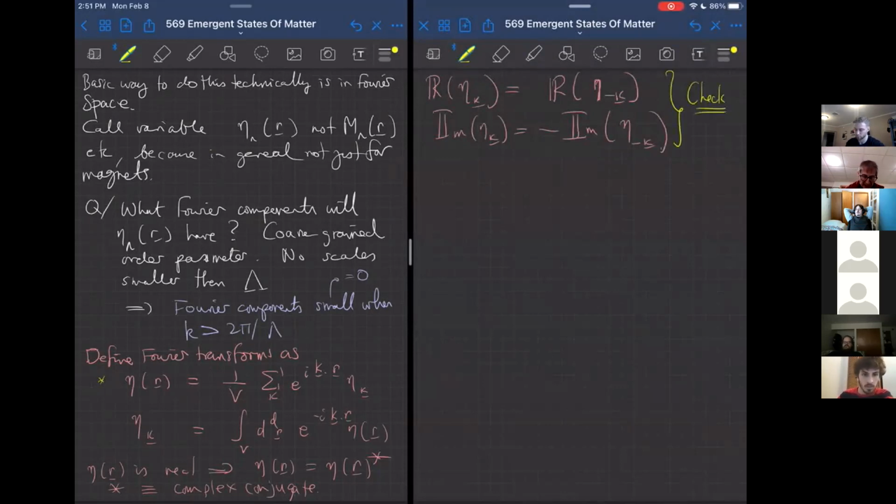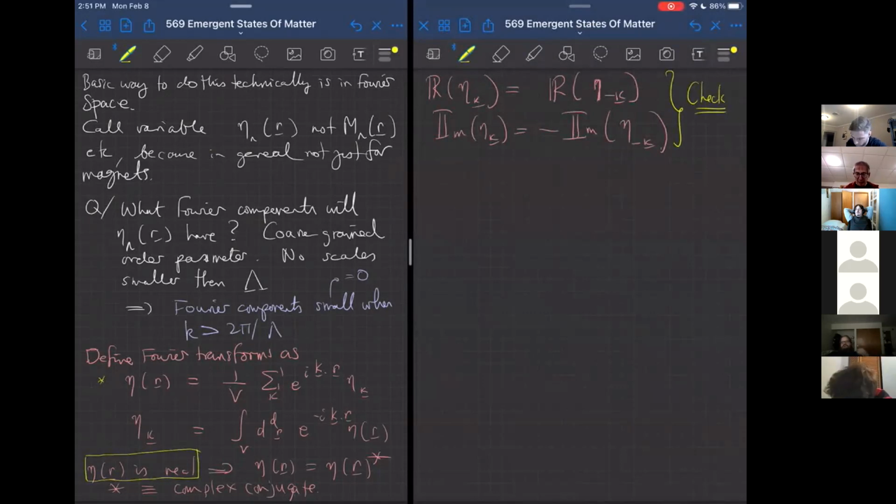So just because we have a real variable, it means that the negative k Fourier components are not independent of the positive k ones. So that's a constraint.